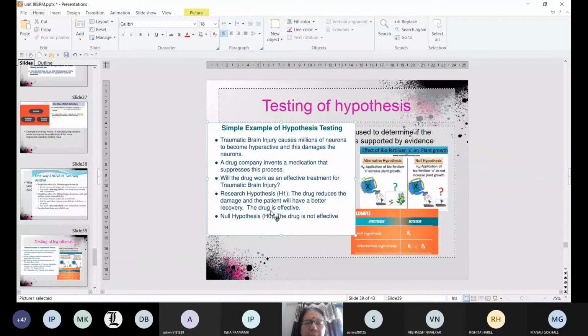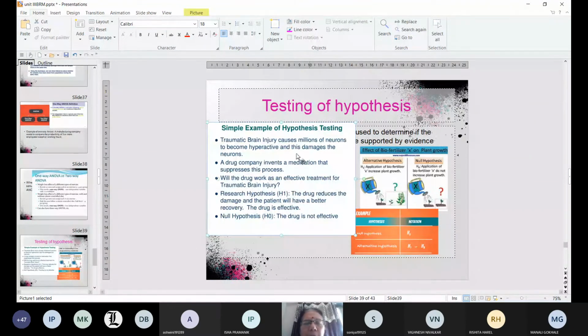So in this example, the null hypothesis will be the drug is not effective, and the alternate hypothesis will be the drug is effective. So the hypothesis is always made in a pair: a null hypothesis and an alternate hypothesis. Usually the null hypothesis is the negation of what you believe in.